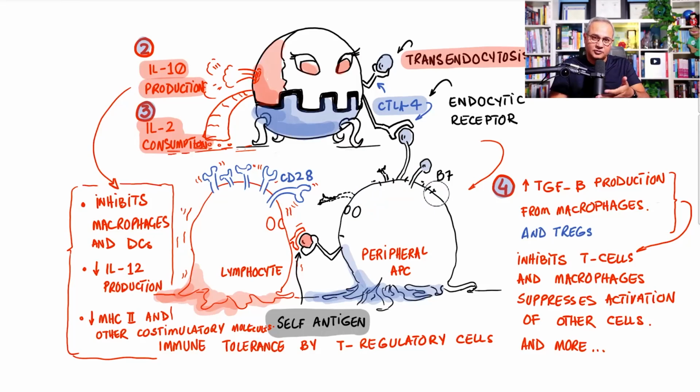Of course, the actual term is it endocytoses them. When one cell of our body nibbles away proteins from another cell, we call that transendocytosis. So this CTLA4 is an endocytic molecule. This process is transendocytosis. The result is that on the antigen presenting cell, B7 molecules reduce in number.